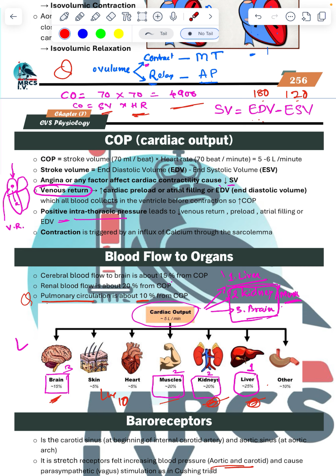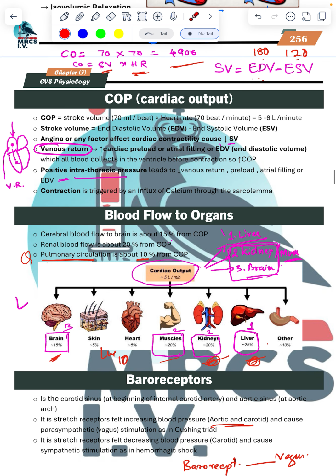End diastolic volume minus end systolic volume is the stroke volume. In a single stroke, this much blood is pushed. Multiply the stroke volume per beat by the beats per minute, and that will give the cardiac output. Angina, any factor that affects contractility decreases the stroke volume.